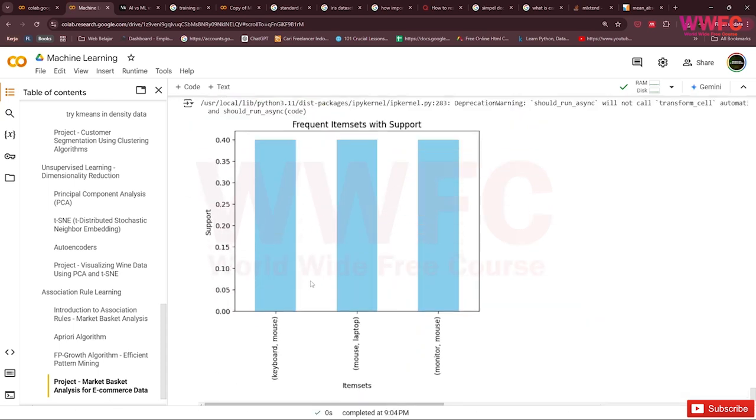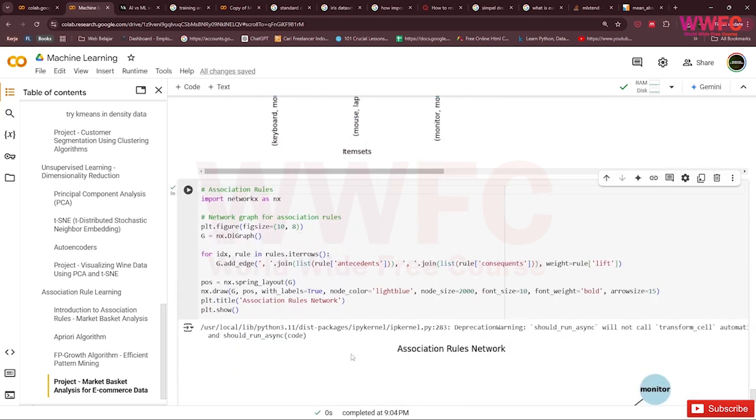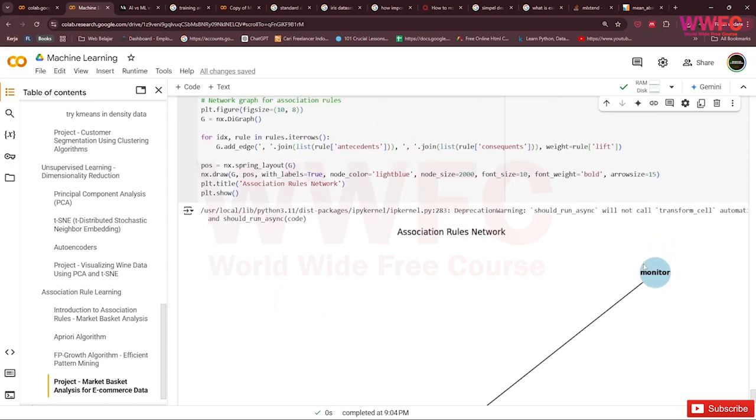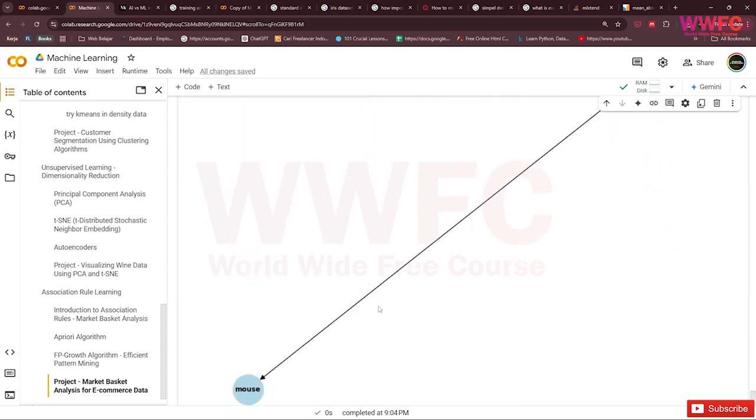So we want to check the frequent item sets with support 0.4. The keyboard and mouse, laptop, and monitor and mouse: these are the item sets that are likely bought together. So this is the association rule: people who buy a monitor will buy a mouse.